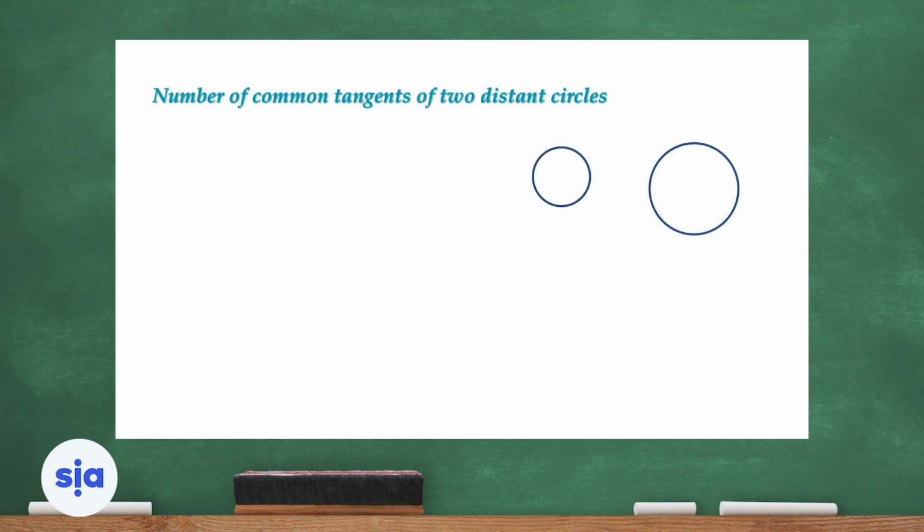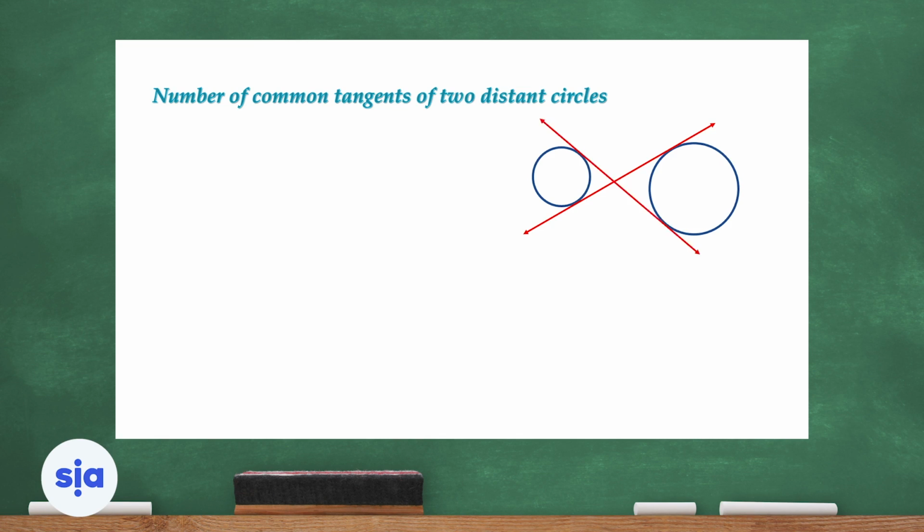Let's see the coming questions. The number of common tangents of two distant circles. How many tangents can we have in common if you have two circles apart from each other? Let's draw and check. Here we can have one tangent that is common between the two circles.